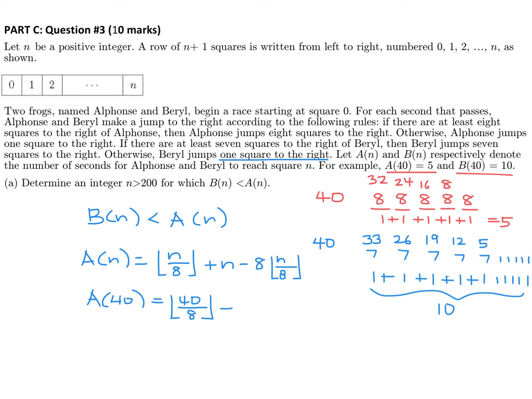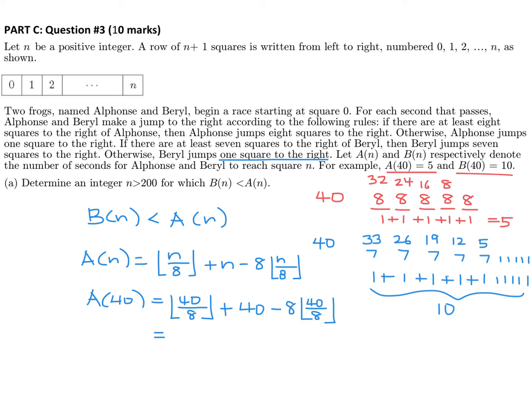Then what's left is the original number, 40, minus 8 times that integer value. So first you figure out how many of these big jumps he takes, and that's easy.